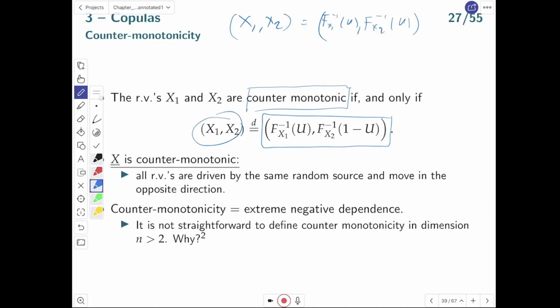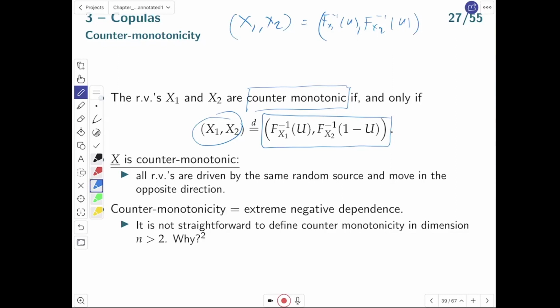In the comonotonic case, there's one single U. In the counter-monotonic case, also only one single U. So although they look like two-dimensional situations, it's essentially a one-dimensional problem. It's driven by the U. Okay? So that's what is the same.